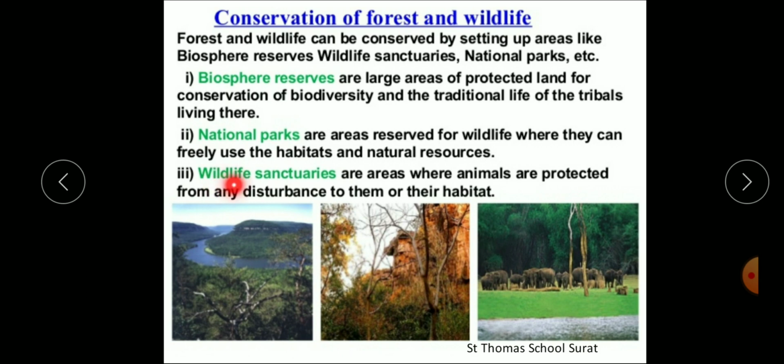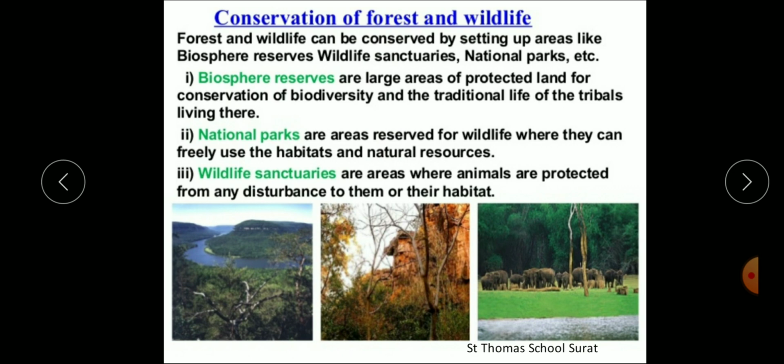Wildlife sanctuaries are areas where animals are protected from any disturbance to them or their habitat. Understood? This was the conservation of forest and wildlife. See, zoos are places where animals are protected. Yes or no? But it is an artificial setting.